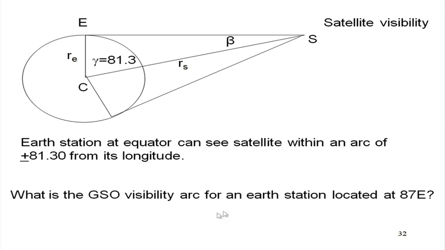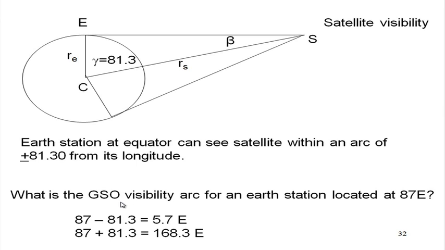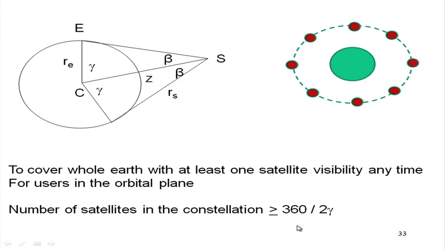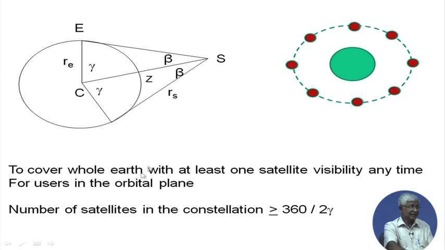So you can find the GEO visibility for a station at 87 degrees east: 87 minus 81.3, that is 5.7 degrees east, to 87 plus 81.3, 168.3 degrees east. That much distance it can see. And if it is a low earth orbit, the number of satellites required is 360 divided by 2 gamma. That is how many satellites are required so that you can have continuous visibility around the plane.